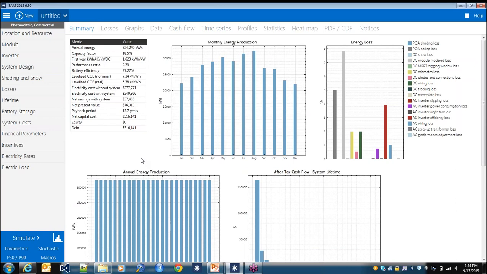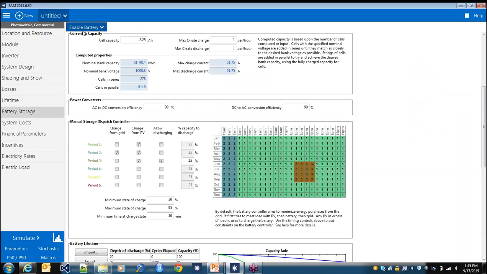But the question is, the way that I have it scheduled right now, is the battery system worth installing? And so let's look at the net present value is $76,000. So let's see, if I turn off battery storage and just leave a PV system.